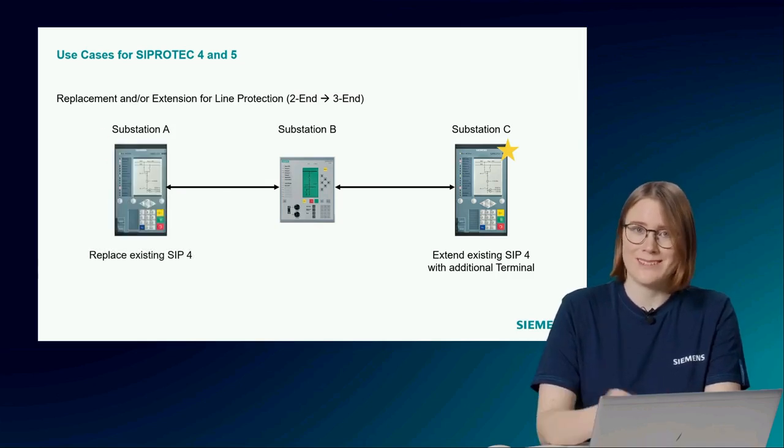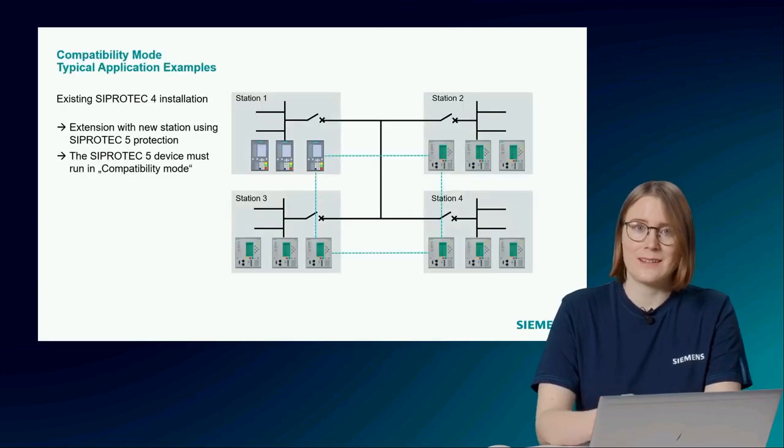So, you have the full flexibility. On this slide is an example where the customer has 4 stations equipped with Cipotec 4, and now station 1 is being renewed and equipped with Cipotec 5. So here the compatibility mode is necessary.